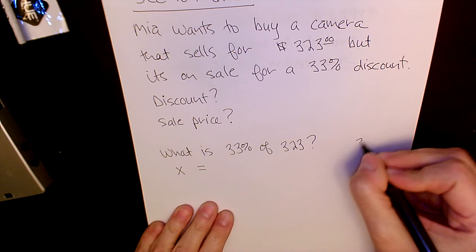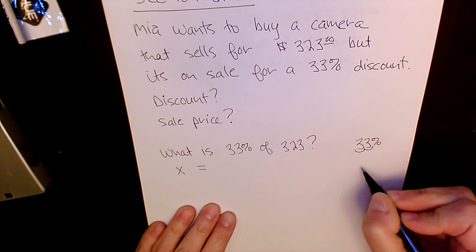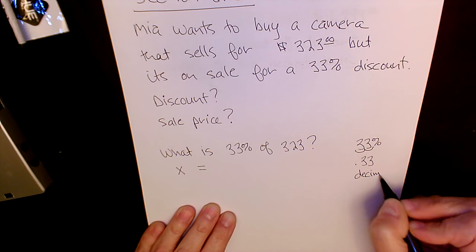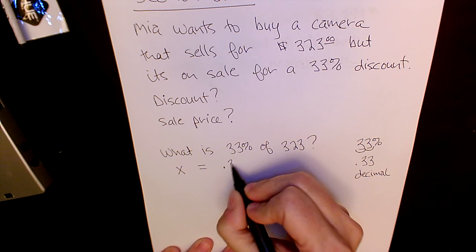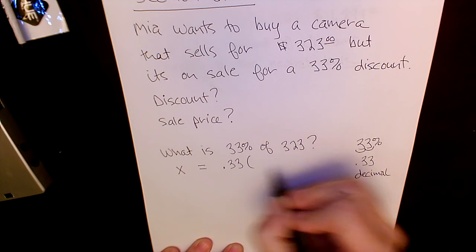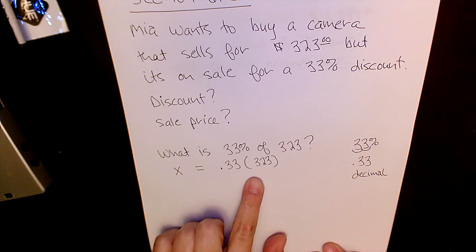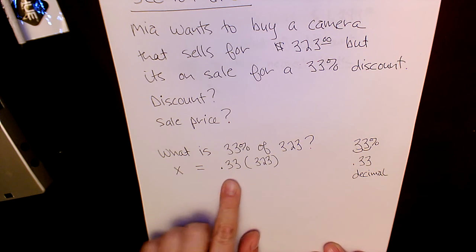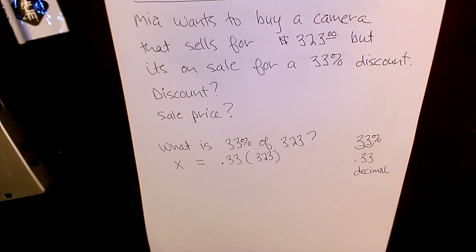If I want to change 33% to a decimal, I move it over 2 places to the left. And of is times, so we're going to multiply 0.33 times 323. So x equals 0.33 times 323, and that's going to tell me how much money they're going to take off, or what the discount is.